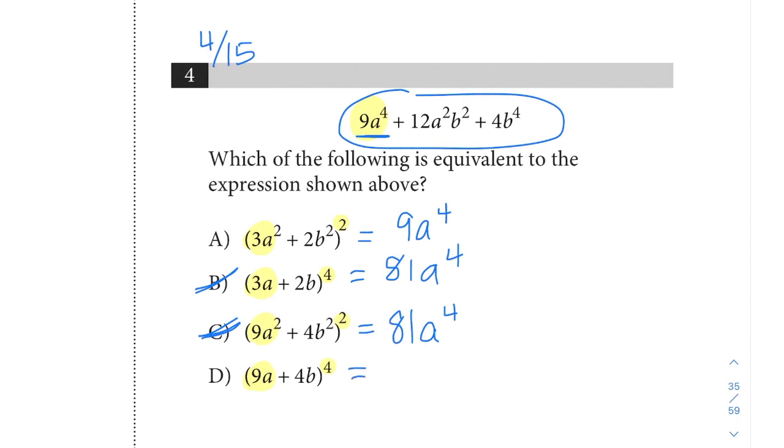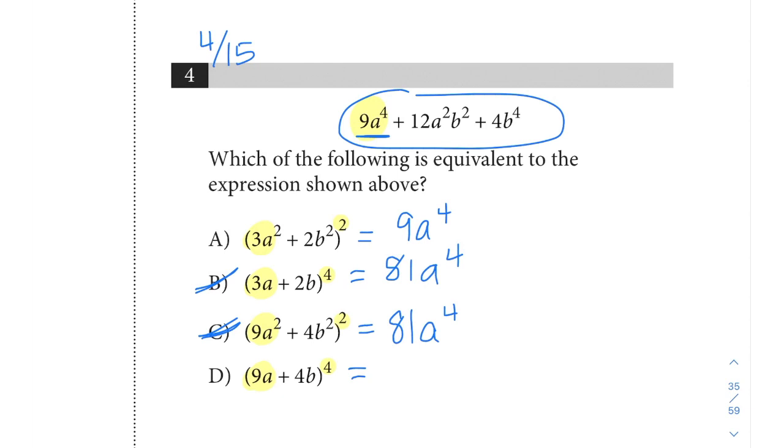And for D, 9a to the fourth, we have 9 to the fourth power. And we could take the time to do the math on it if we want, but keep in mind, for every question, you want to look at the math associated with it and keep in mind whether or not you're in a calculator section. This is a non-calculator section.